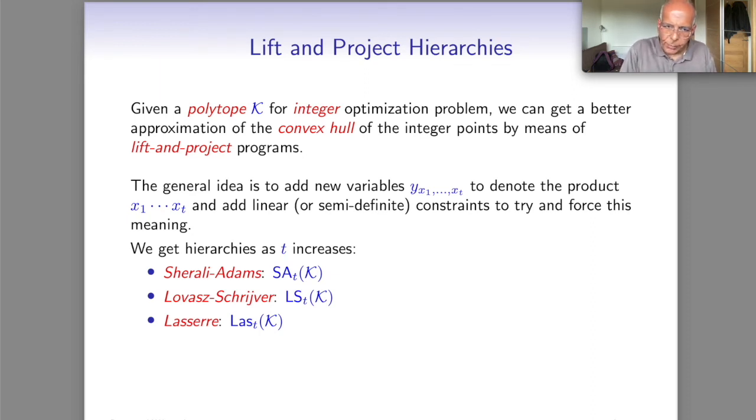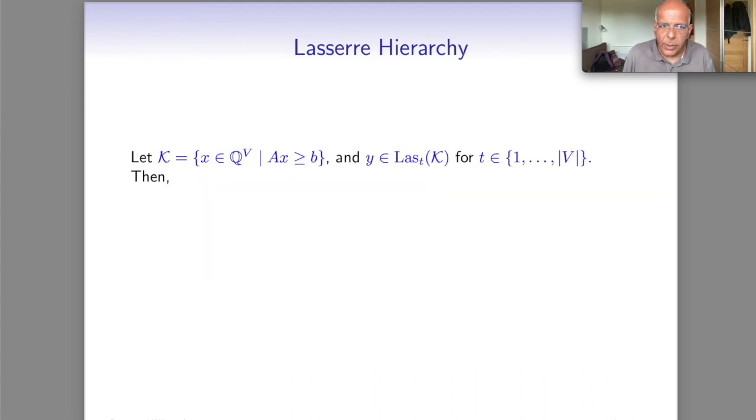That is, for the purpose of these constraint satisfaction problems, the tth Lasserre tightening or lift gives us a tighter approximation than either of the two others. Okay, so that's the sense in which it's the strongest. So what do we have? We have a polytope defined by a linear program, Ax = b.